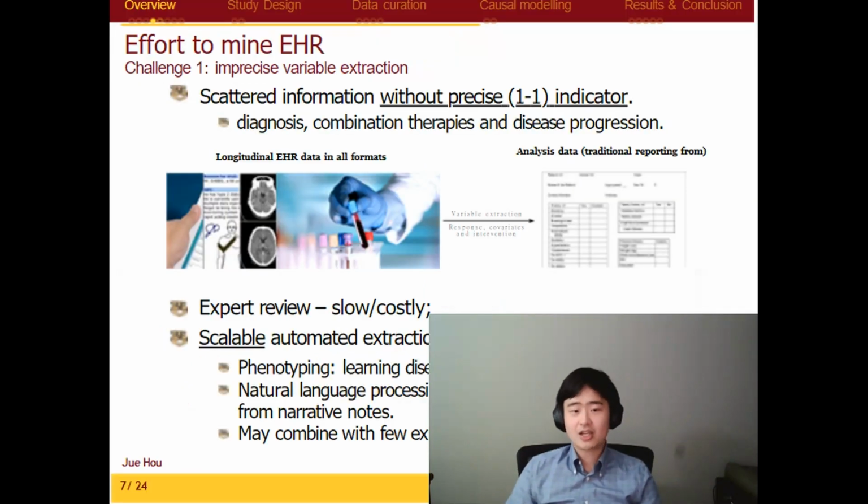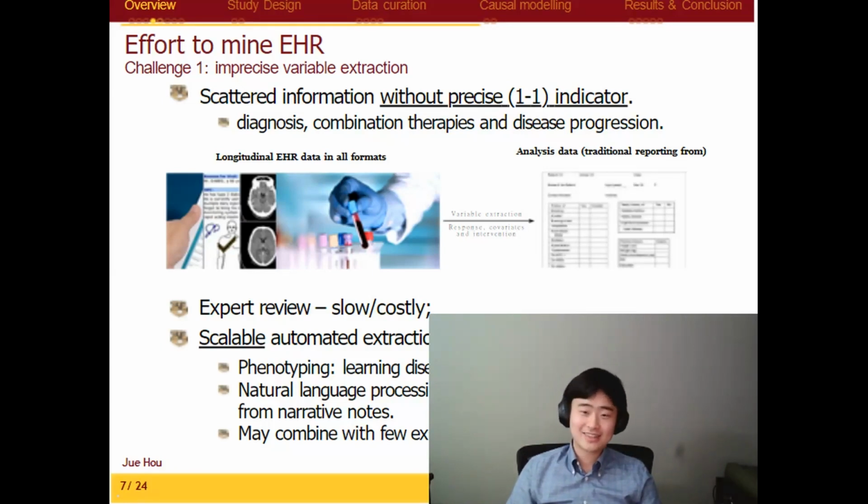So the first challenge I'm going to raise is that for using EHR for medical research, there is usually no precise variable extraction available. The information about the clinical variables that are useful for the study is usually scattered among the vast EHR data set. We have millions of variables in total for each patient.